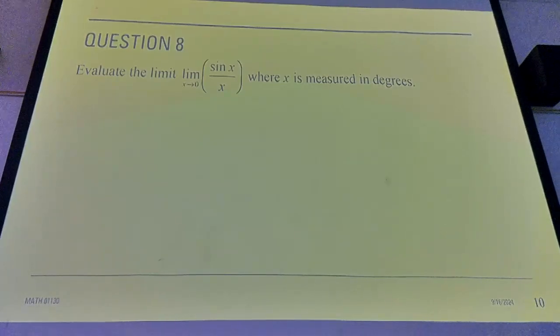Who remembers the conversion factor? This was studied in pre-calc. There's a 360 somewhere in there. There shouldn't be. What is the actual conversion factor, or what is the actual relation we're going to be using?